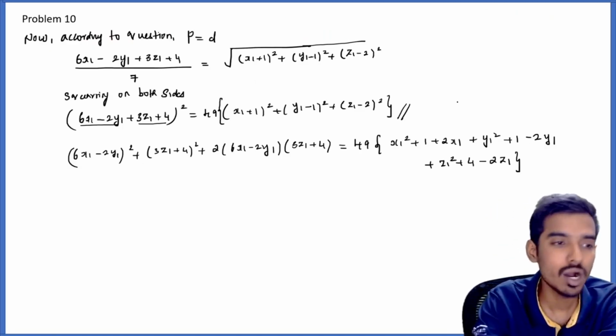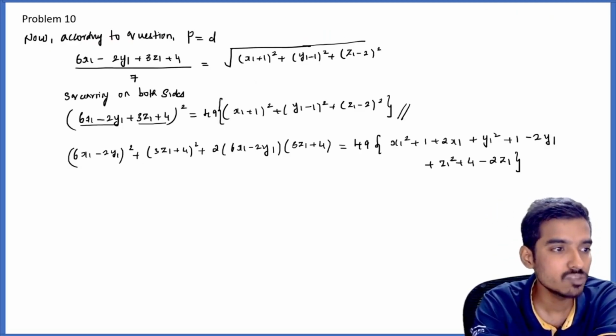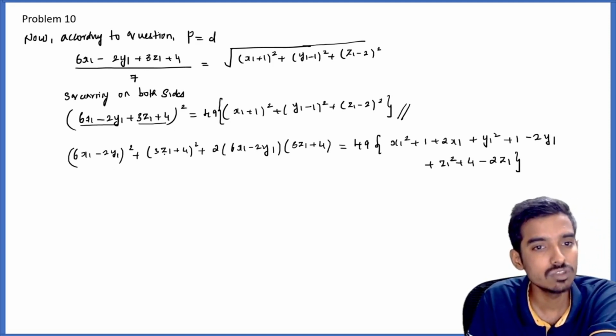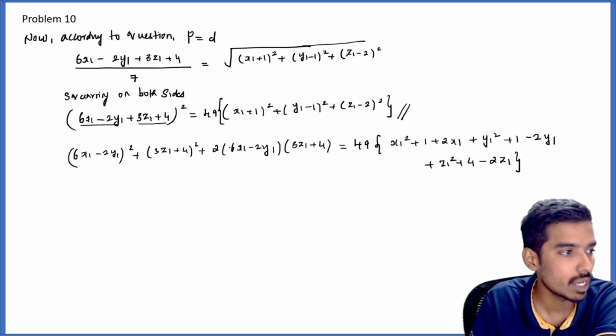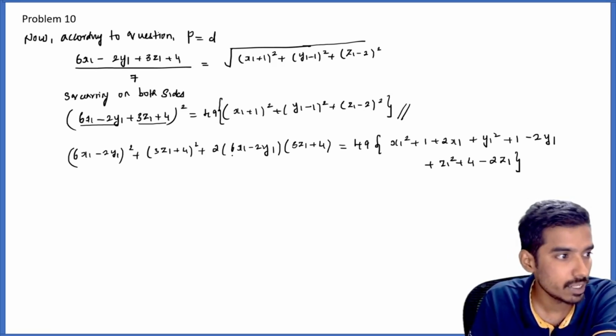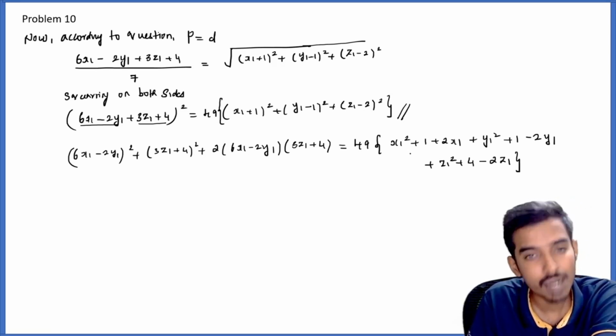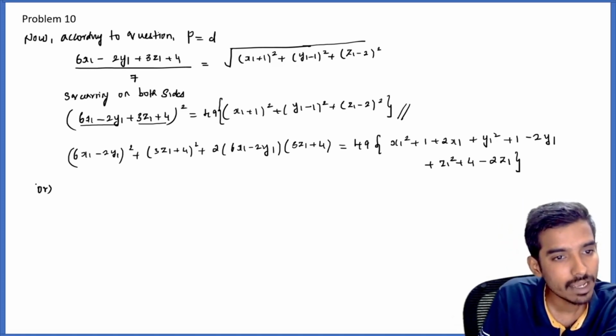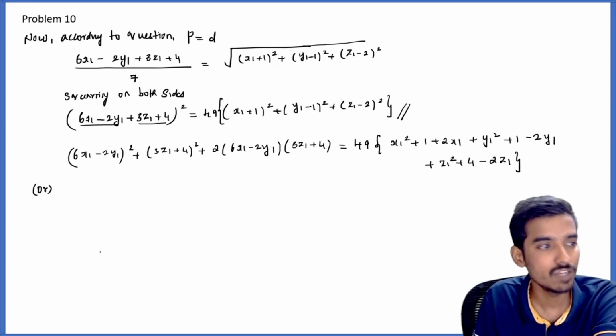Right? If you have time, you can again expand using the (a - b) whole square and (a + b) whole square formulas, multiply 49 inside, multiply this inside, and you will have the simplified equation. So I'll write the simplified equation.